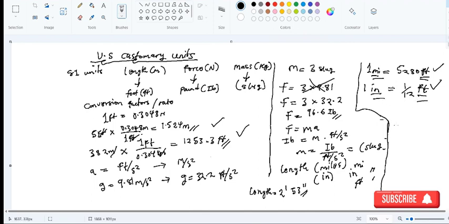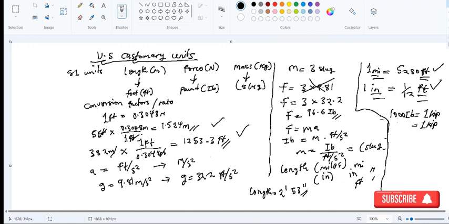Another thing I want to talk about is the kilo pound. So when you have 1,000 pounds, this is going to be equal to 1 kip. Let me write that again. 1 kip, K-I-P.